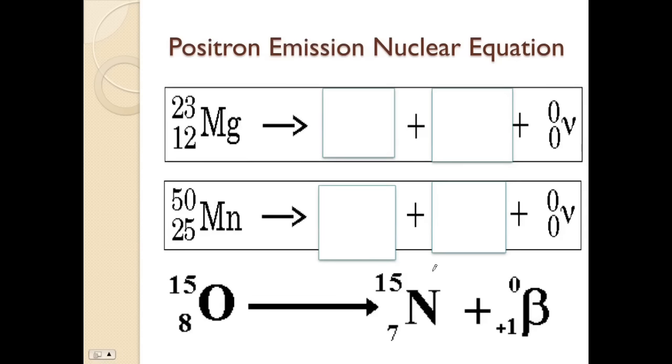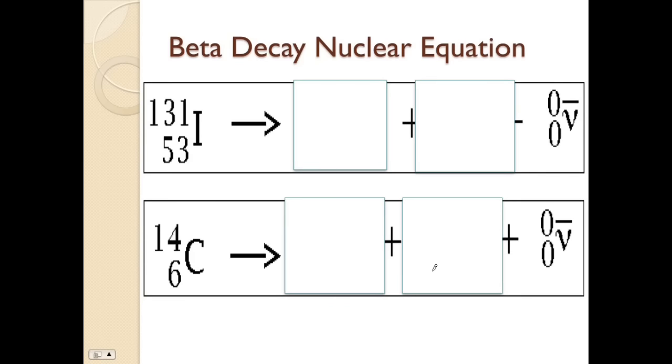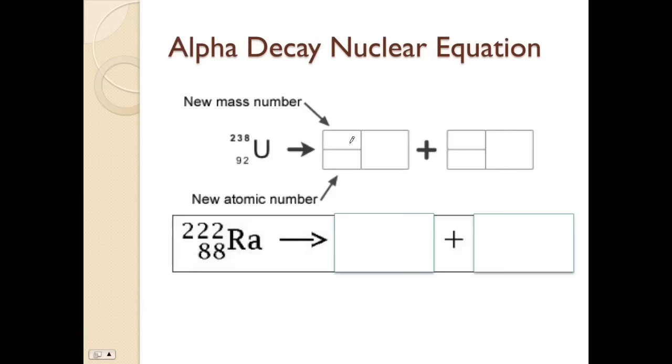If we have a positive electron, a positron, then it's positron emission. Beta particles look like the electrons, so that gives off an electron if it's beta decay. And alpha decay is giving off an alpha particle, which is that 4 on top, 2 on the bottom, either the He or the little fishy looking thing. All right, so that's what we need to do on this.